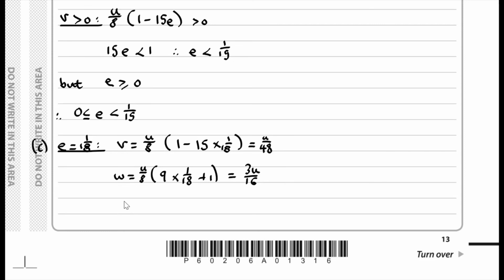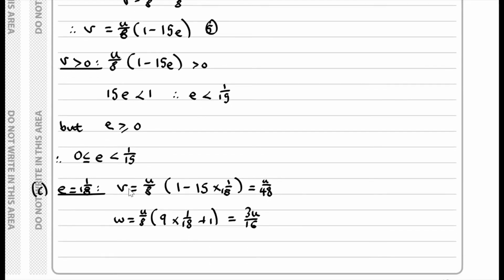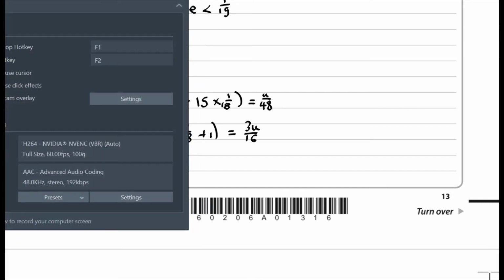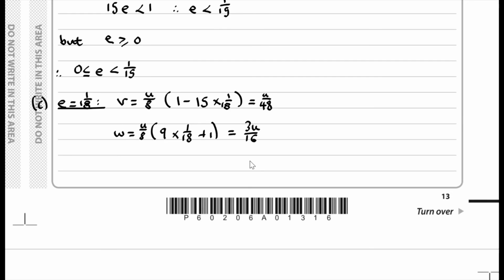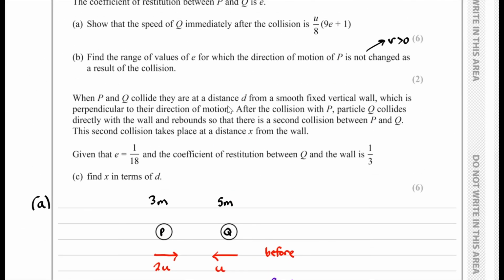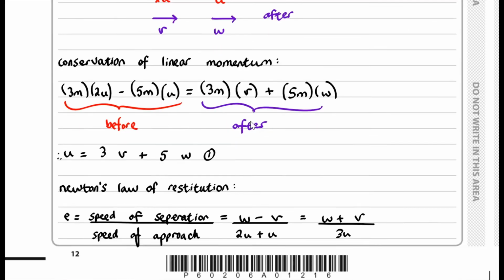so now that we know V and W, I think at this point it will be a good idea to draw a quick diagram. So using the information we've got in the question, what do we know? When P and Q collide, they are a distance d from the wall.